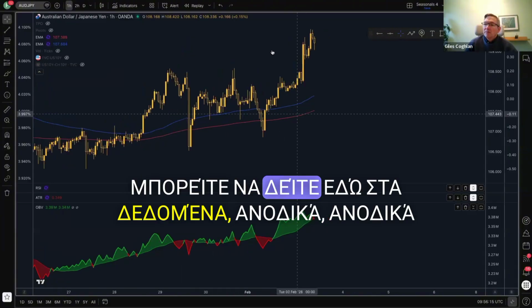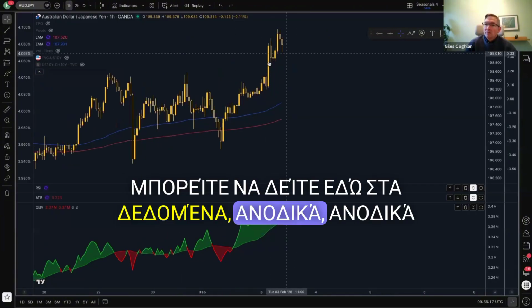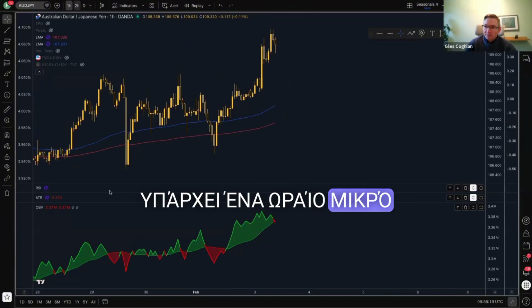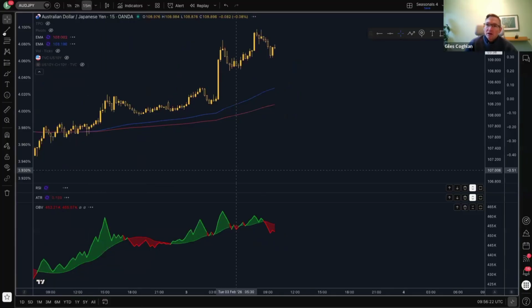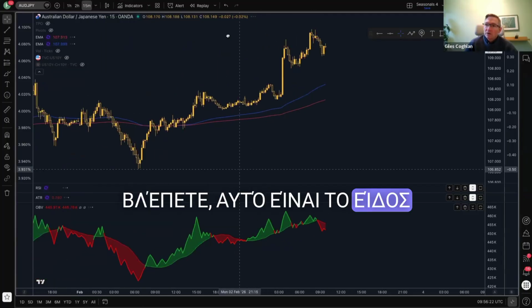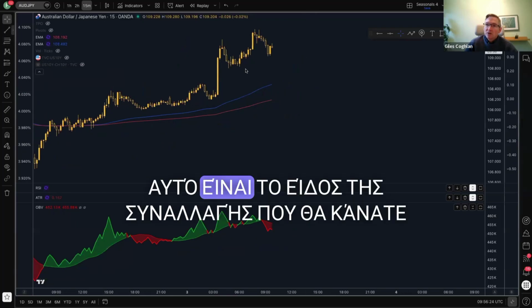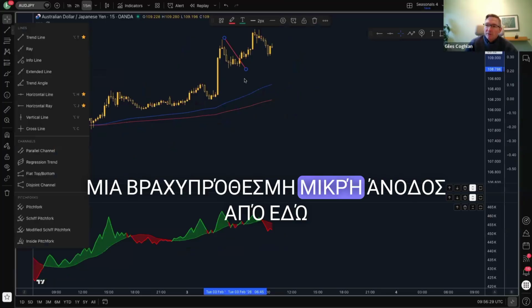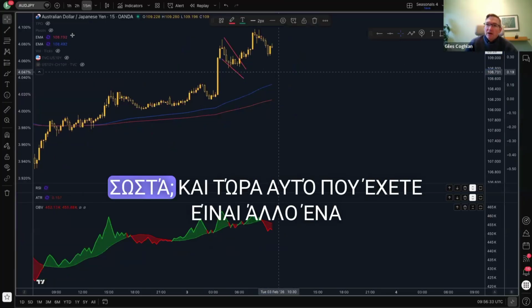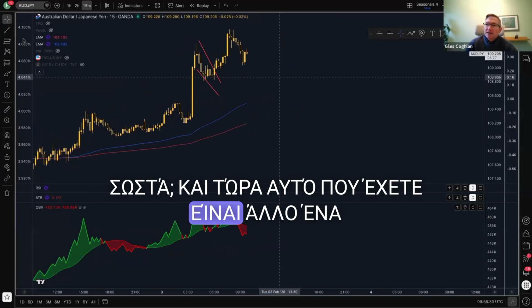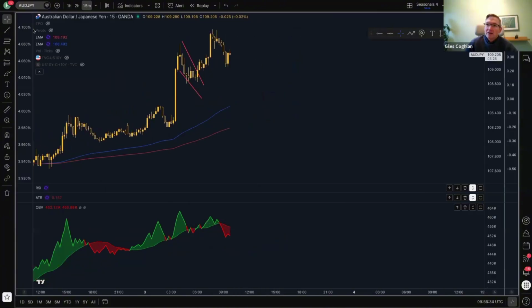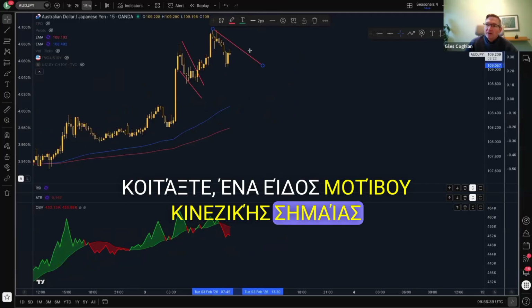So you can see here on the data, up, up, got a nice little, you see, that's the sort of trade you would have gone for if you were trading that. Short term little pop from here, right? And now what you're getting is another little kind of trying to flag pattern.